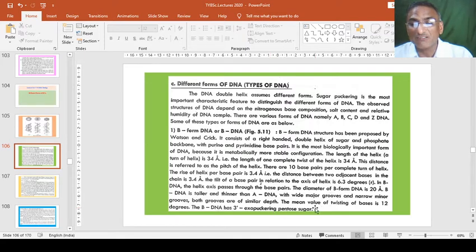The mean value of twisting of bases is 12 degrees. The B DNA has 3' endo puckering pentose sugar. So 3' endo puckering pentose sugar is the arrangement in the B form.